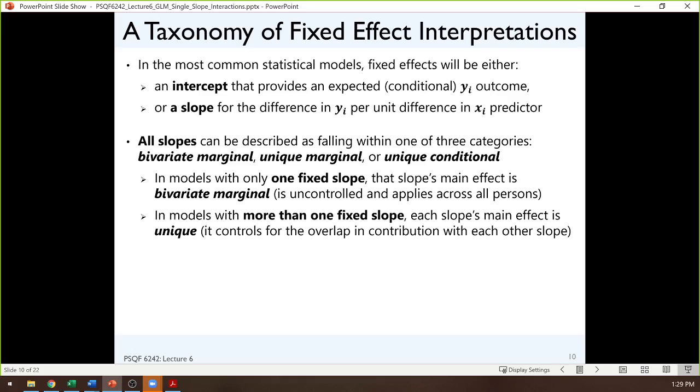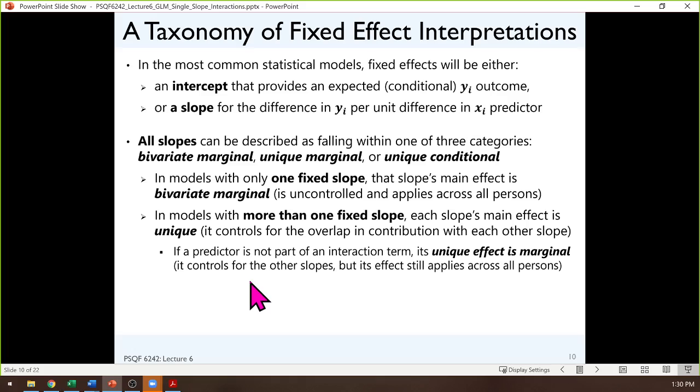What you're working on right now is models that have more than one predictor. The idea is that we're trying to ascertain for each predictor what is its unique effect after controlling for all the other predictors. So if a predictor is not part of an interaction term, like what homework 5 is doing, we would say that its unique effect is marginal.